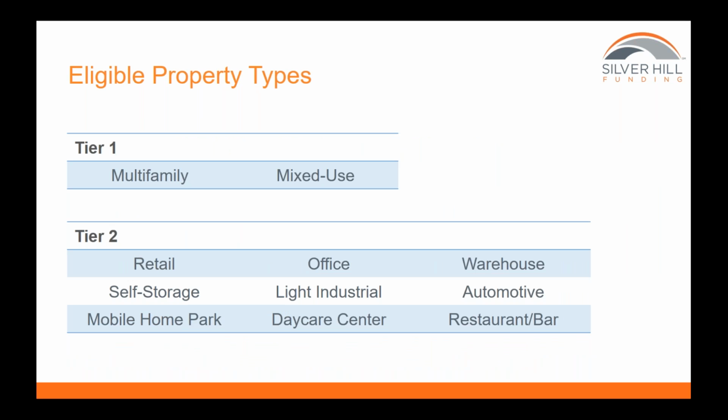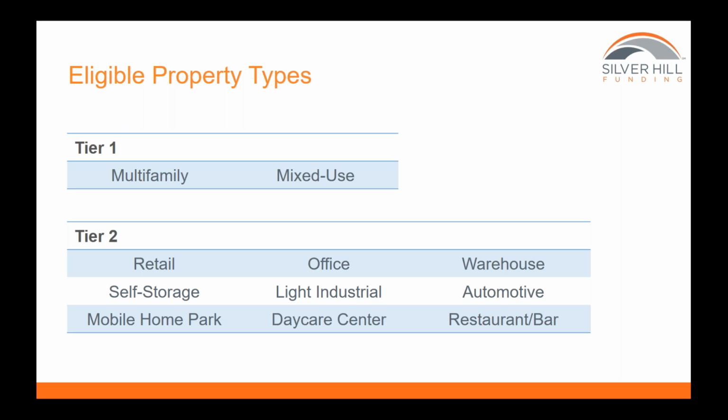So we are in the commercial real estate space, and I just wanted to show you the properties that we prefer to lend on. This is pretty much our box. Tier 1 is multifamily and mixed use, which is probably about 30 to 40% of our total business. We see a lot of these, your typical smaller loan, under $1 million, for a multifamily or mixed use property, and they're all over the place.